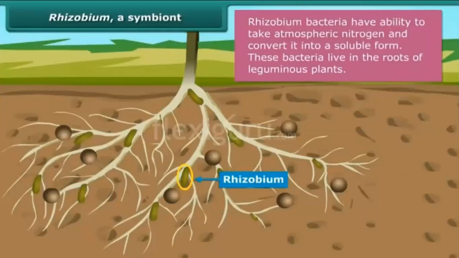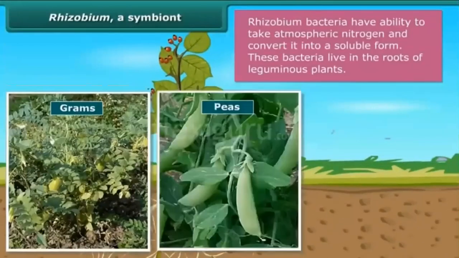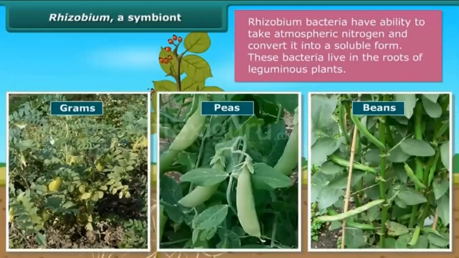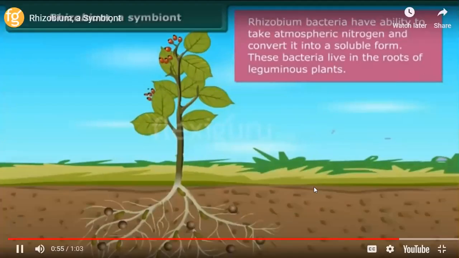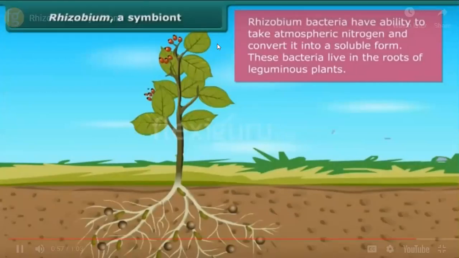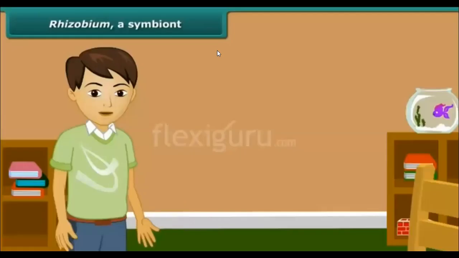These bacteria live in the roots of gram, peas, mung beans, and other legumes and provide them with nitrogen. In return, the plants provide food and shelter to the bacteria. Thus, we can say that Rhizobium shows a symbiotic relationship.